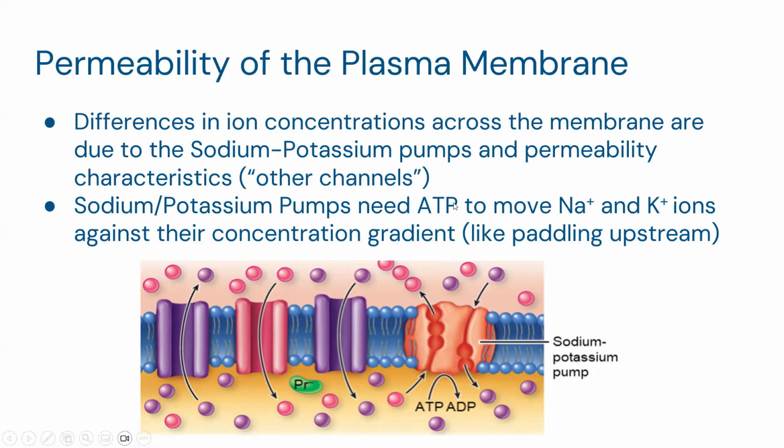And we need energy to do this because we're pumping them against their concentration gradient. If we're going with the concentration gradient, that doesn't take energy. We can think of that like we're paddling downstream, we're paddling with the current. If we want to paddle upstream or go against the concentration gradient, it's going to take energy in the form of ATP to do so.